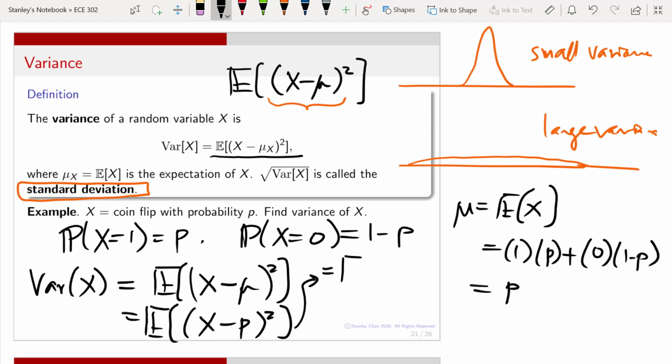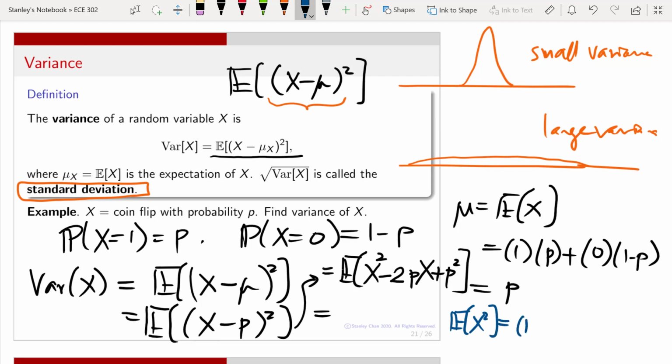That gives me the expectation of x squared minus 2px plus p squared. Now I also need to calculate the expectation of x squared, which is not too hard. The expectation of x squared is 1 squared times p plus 0 squared times 1 minus p, so that gives me p.